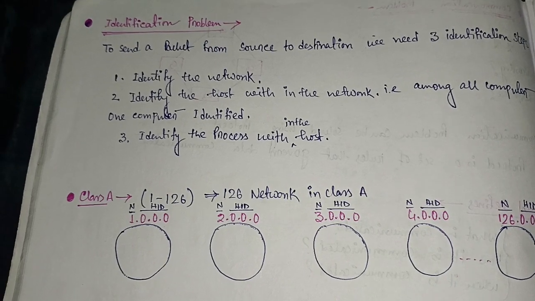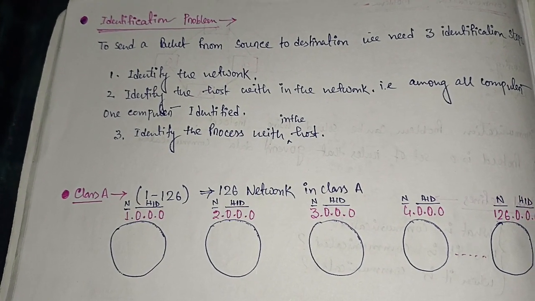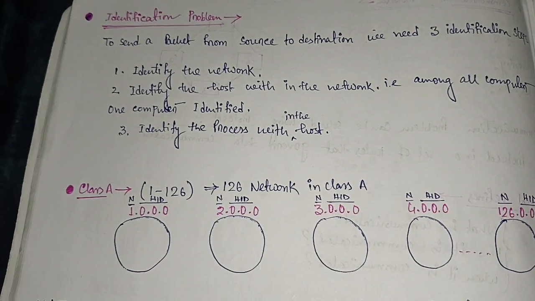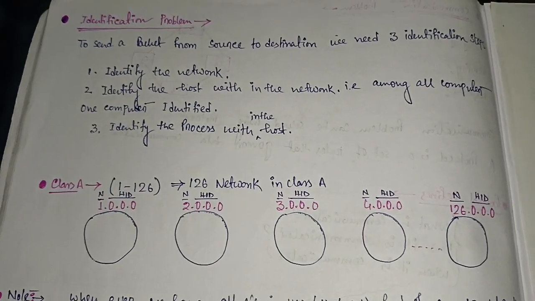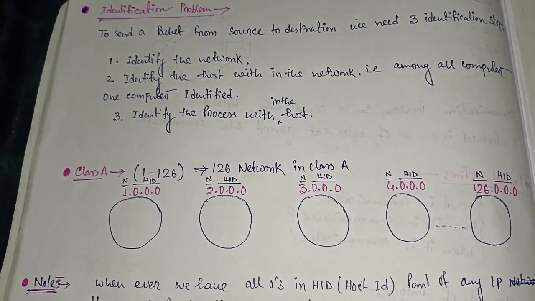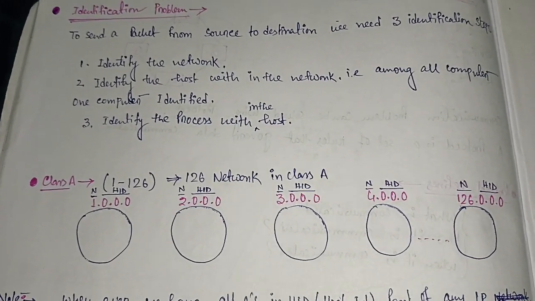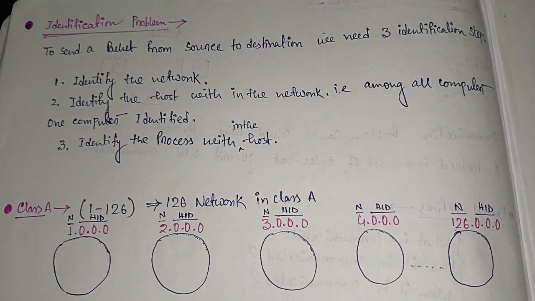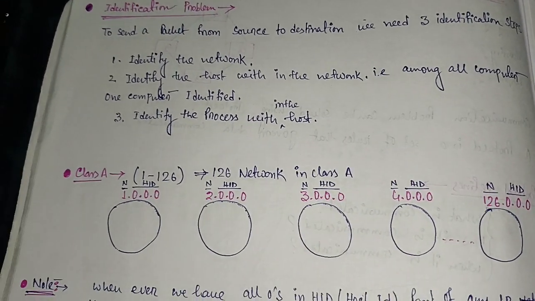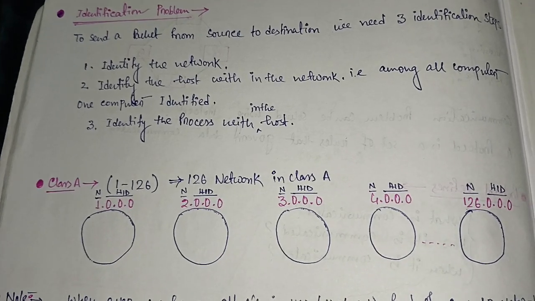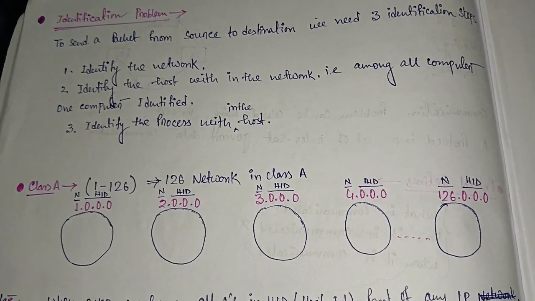Then we have to find the host within the network, that means among all the computers, which computer we need to send the packet to. And then the process within the host, because several processes are going on in a host.